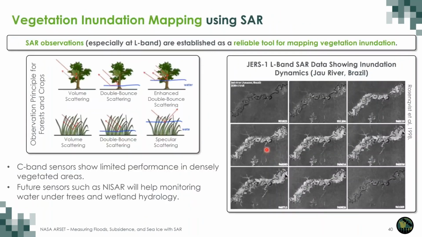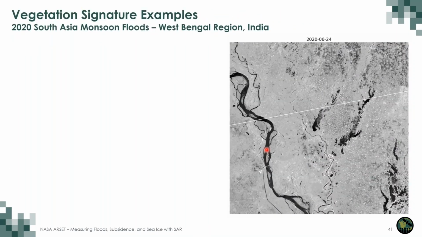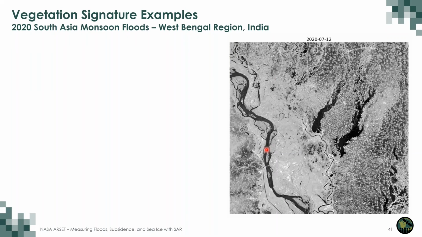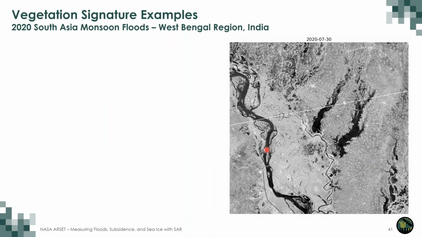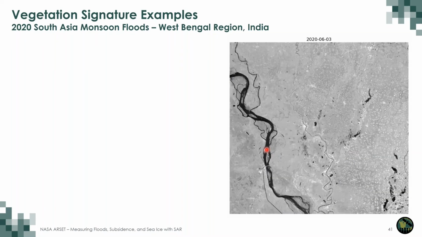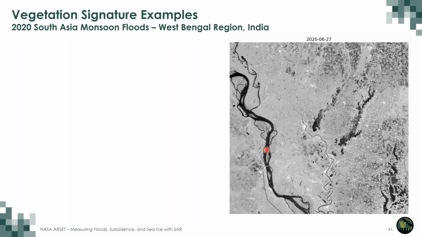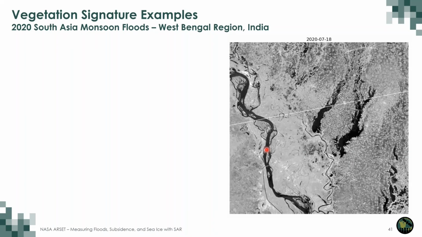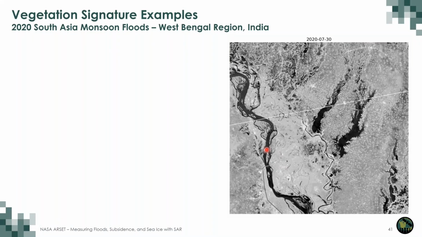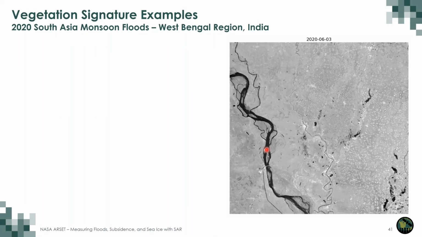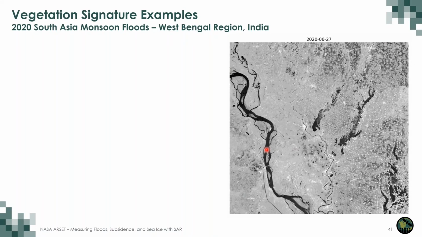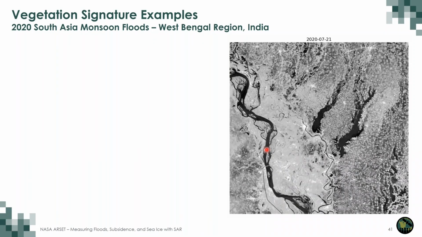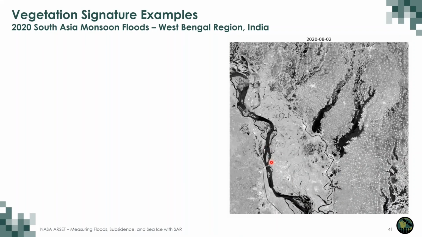I'm going to skip forward real quick and show you a couple of examples of these scattering phenomena. To show you what this looks like in reality, I'm showing you a time series of data sets over India. So this is the eastern part of India. Also here during the monsoon season, there are floodwaters that are forming.